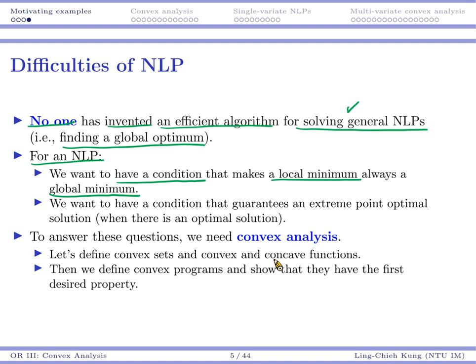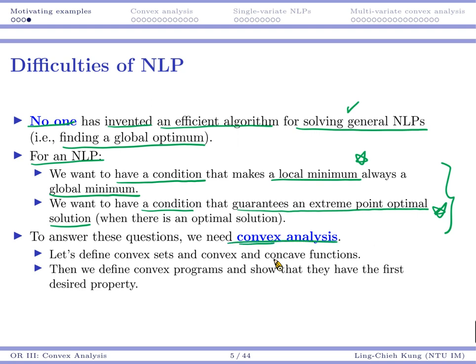So that's one hope we want to have. Or also, we want to have some conditions that guarantee an extreme point optimal solution. If we may have either one, then somehow it's easier for us to design an optimal solution, right? So we want to find some kind of conditions to make this happen.